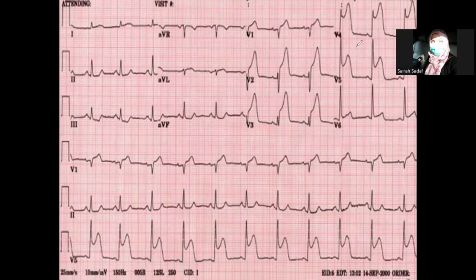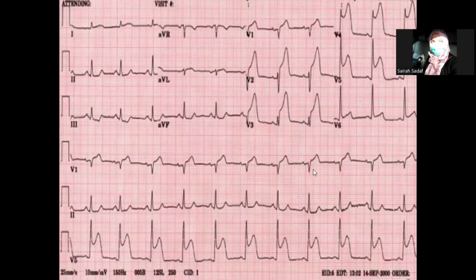V1, V2, V3, V4, and in V5 there is ST elevation. Some part of the lateral wall is also involved. You're saying anterolateral, someone is saying anteroseptal.